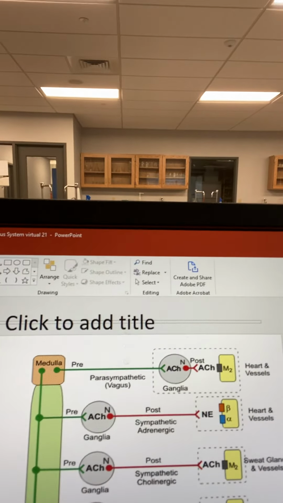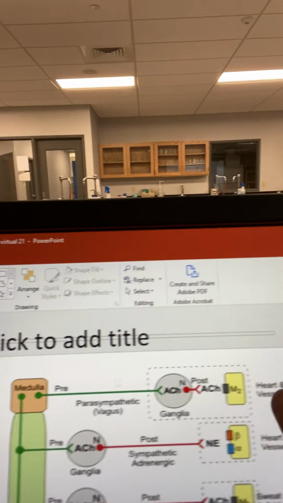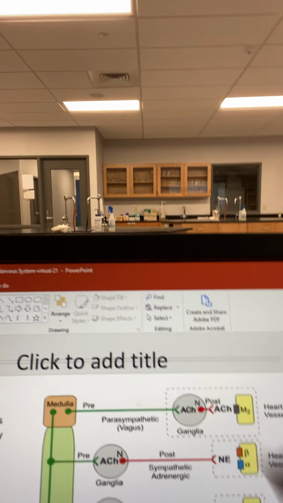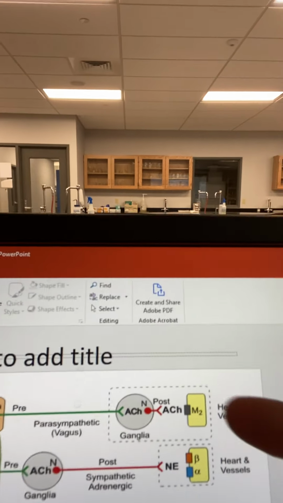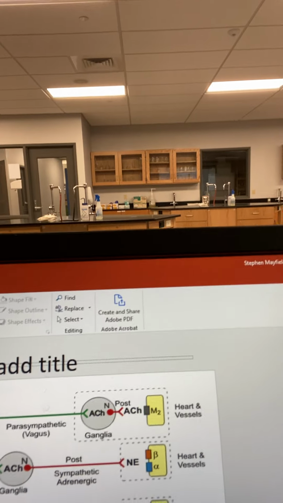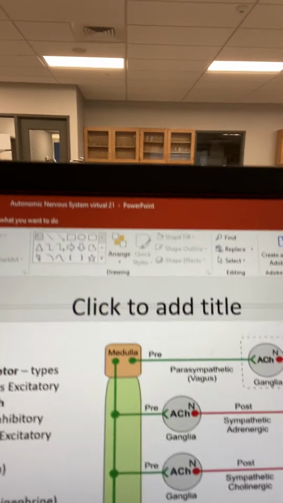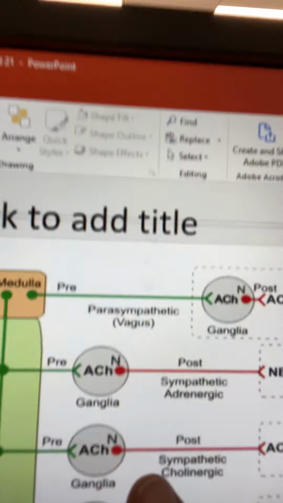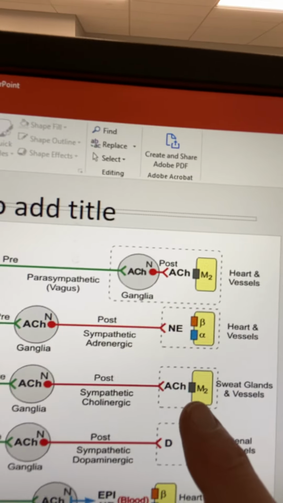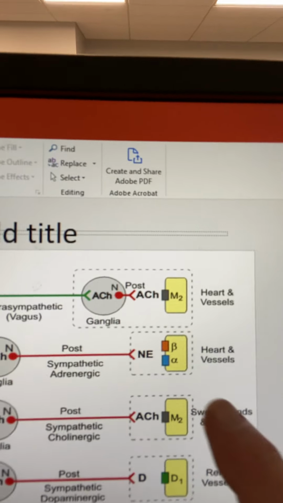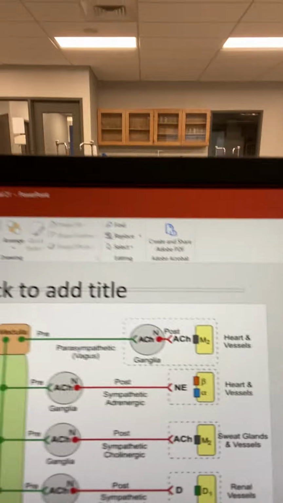Now, when we talk about the heart and blood vessels with the parasympathetic division, it's acetylcholine with the muscarinic receptor. And again, this can either be excitatory or inhibitory. All right. Now, there are some cases, the sweat glands, and in some cases with blood vessels, where the sympathetic division is going to use acetylcholine with a muscarinic receptor.